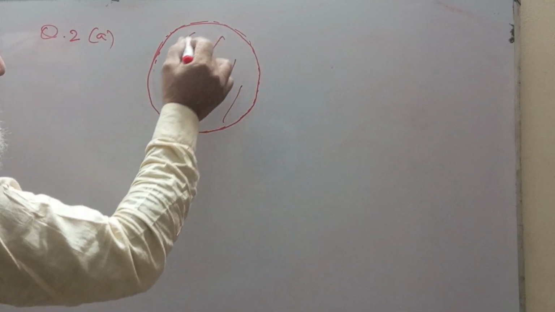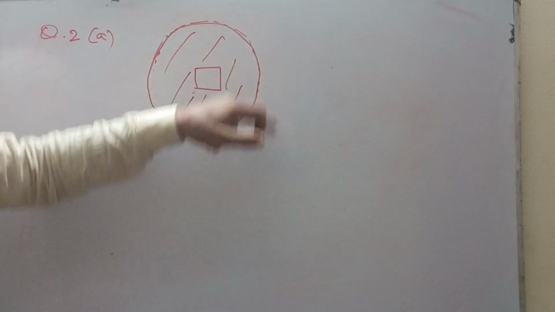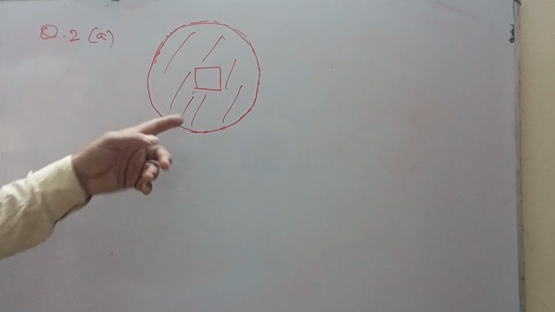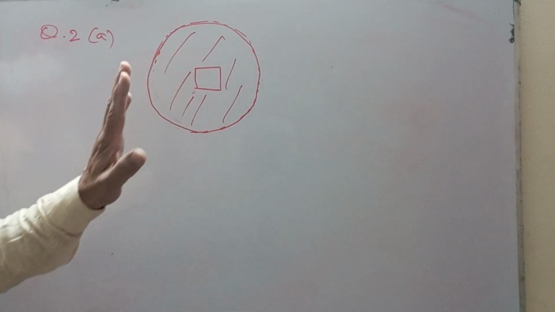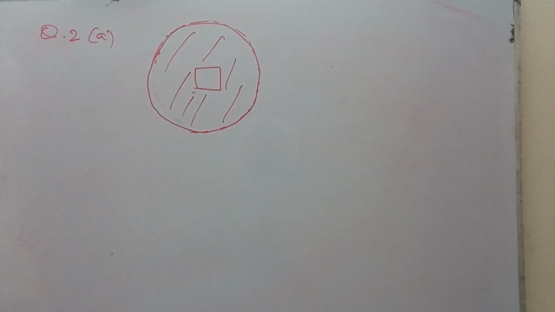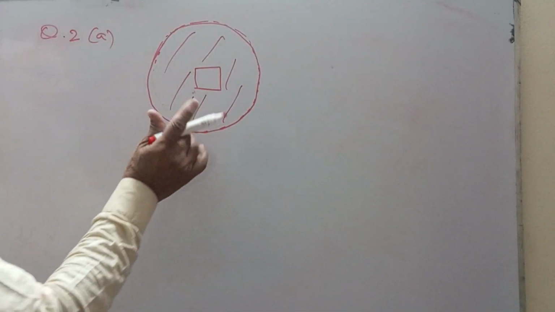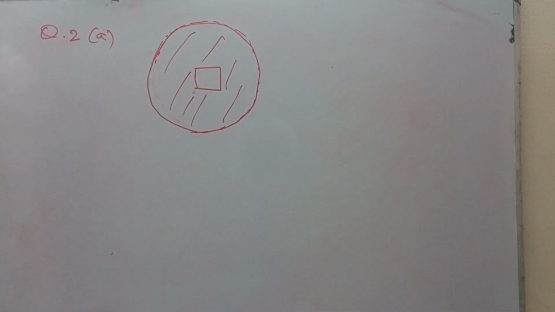Now this is all shaded. That means there is a circular card, whatsoever it is, and a square hole is cut in the middle of this circular card. So what I have to find is the shaded area, which is everything except the square hole.